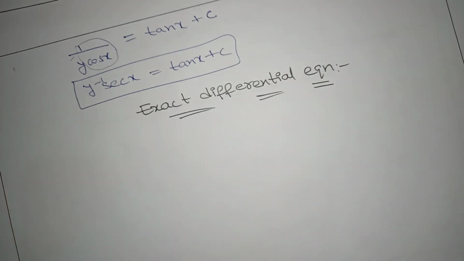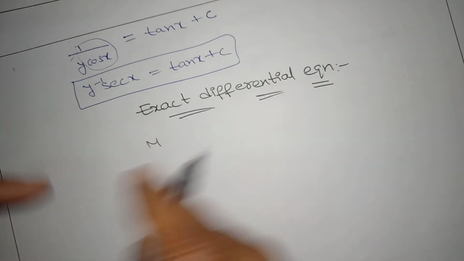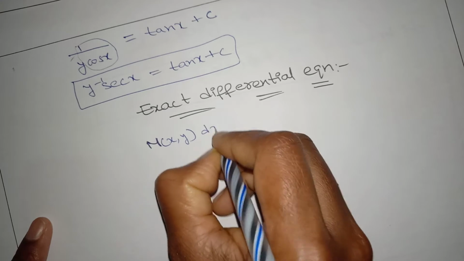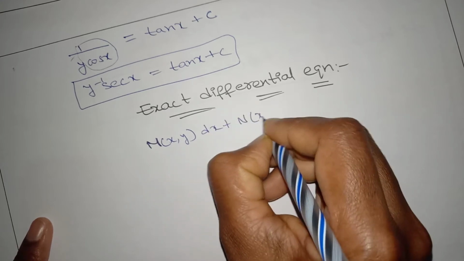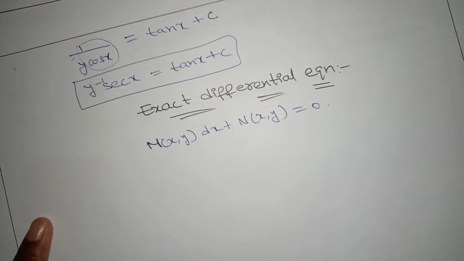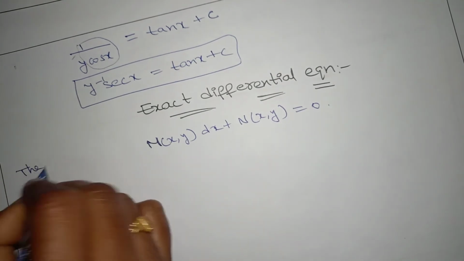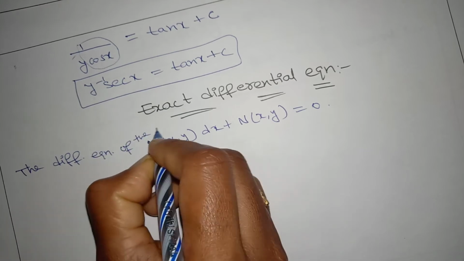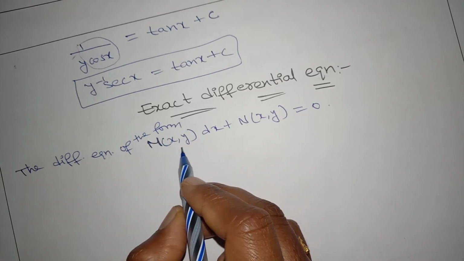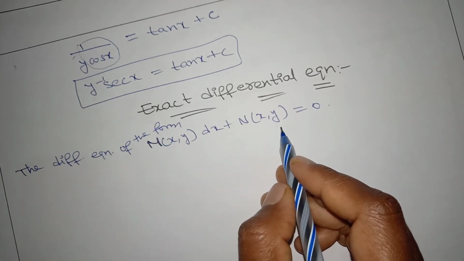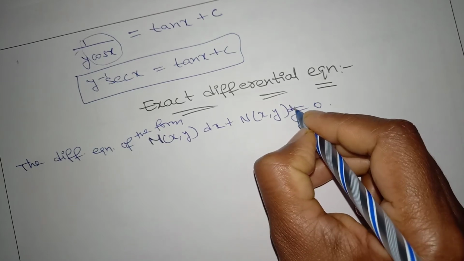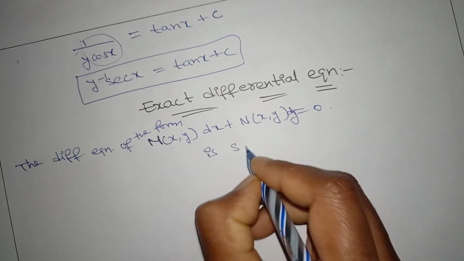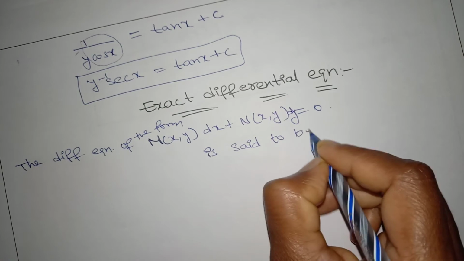The differential equation of the form M of x comma y dx plus N of x comma y dy equals 0 is said to be exact.